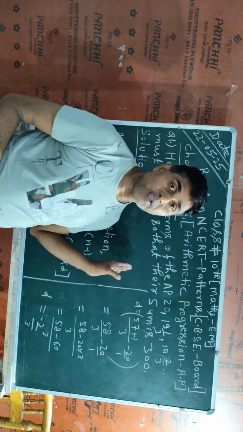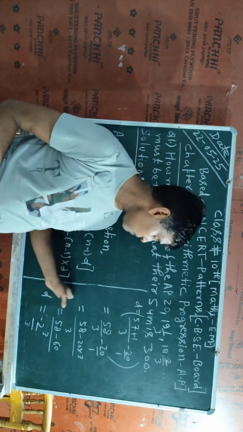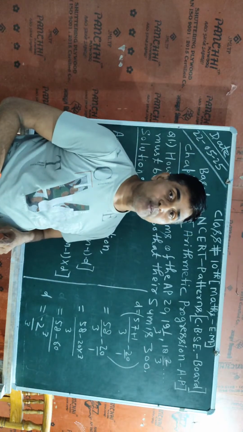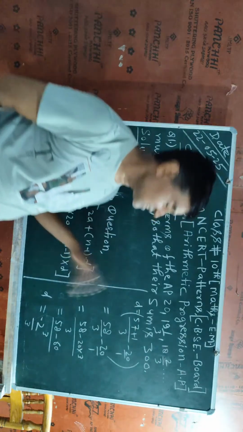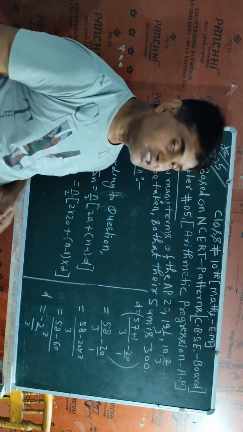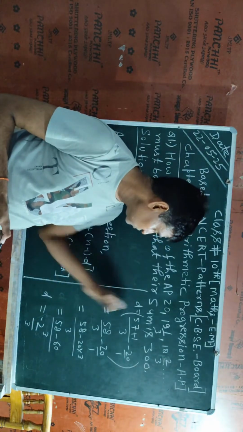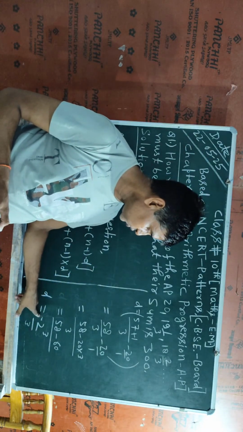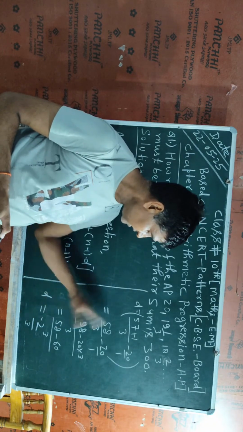So in this way we have to calculate the value of d, because an AP series is given. So the first term is a and the second term; we will take the common difference. That common difference is obtained by subtracting the first term from the second term. That is d is equal to second term minus first term. So according to that process I will use it and then simplify.